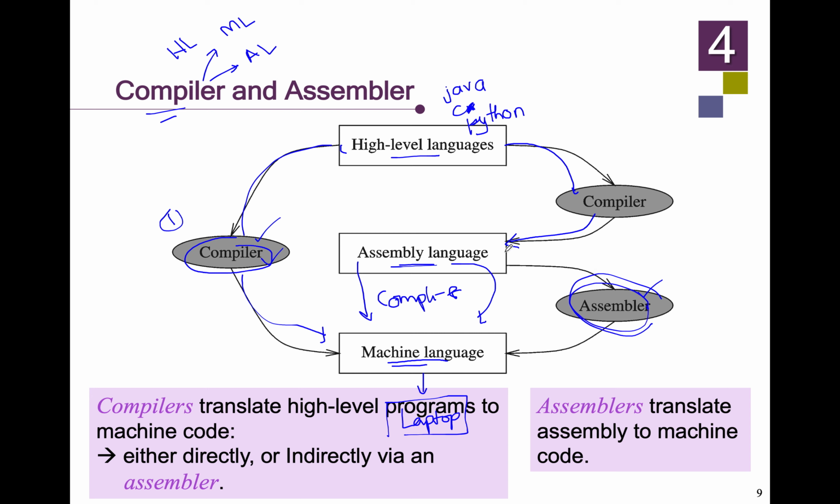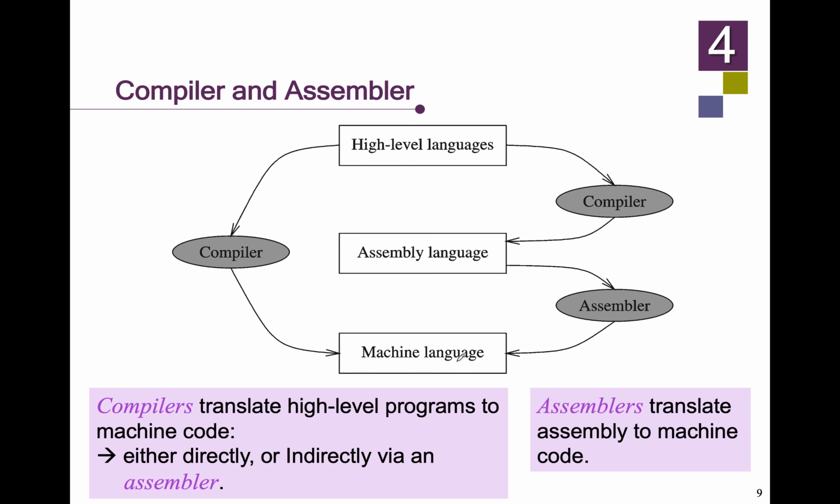You're going to assemble your assembly language into your machine language. So now you can see the overview and what the functions are for your compiler and also your assembler.